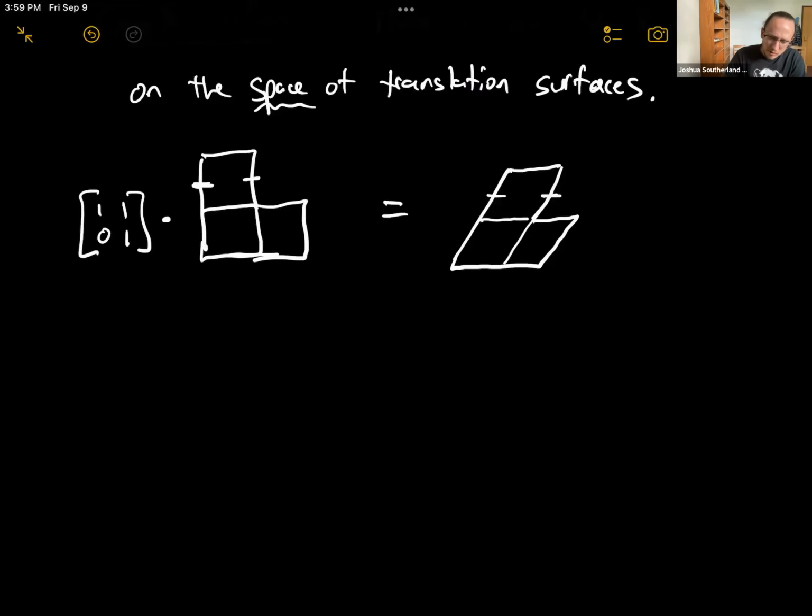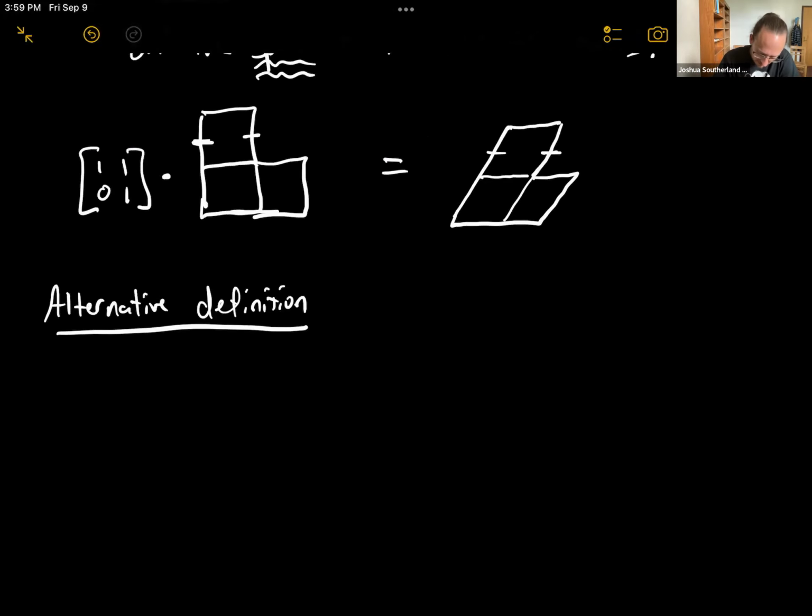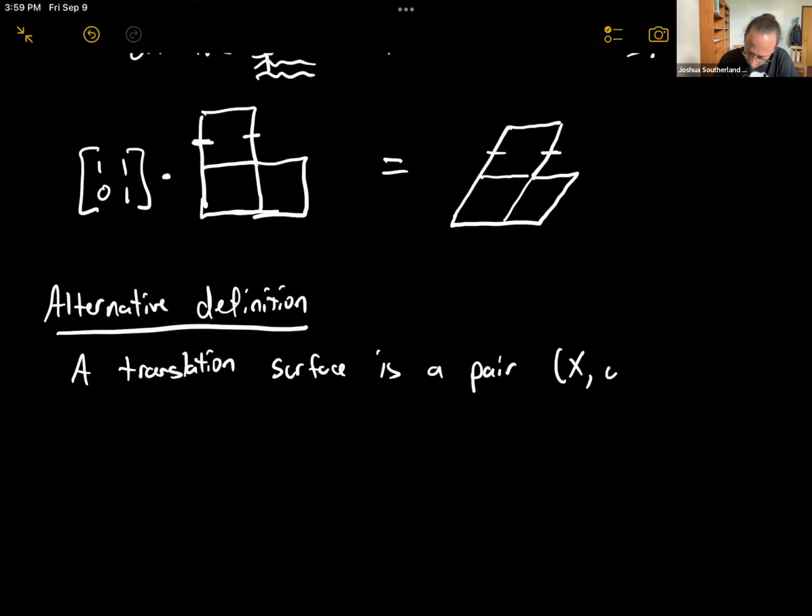Great. So let me give a slight, or very alternative, definition of a translation surface, which will make this space of translation surfaces a little bit clearer, and what I mean by that. So a translation surface is a pair (X, omega), where X is a Riemann surface.